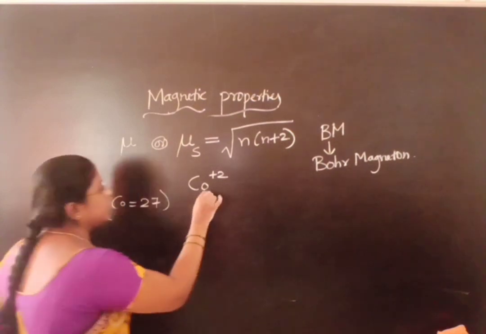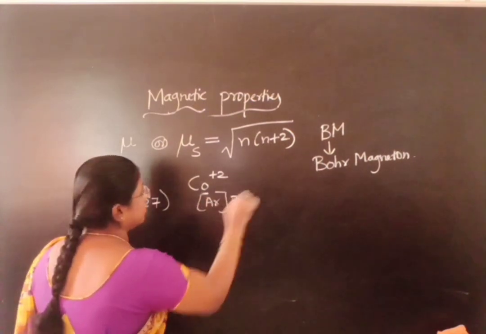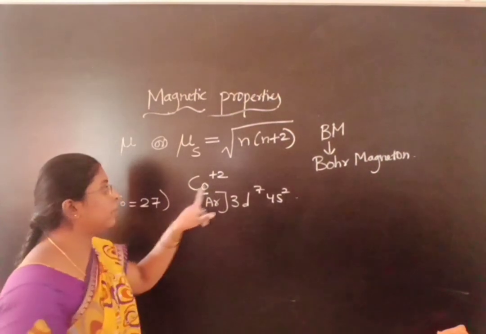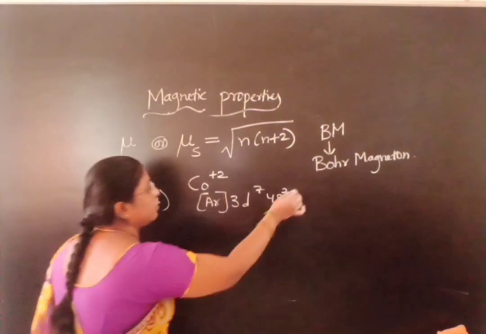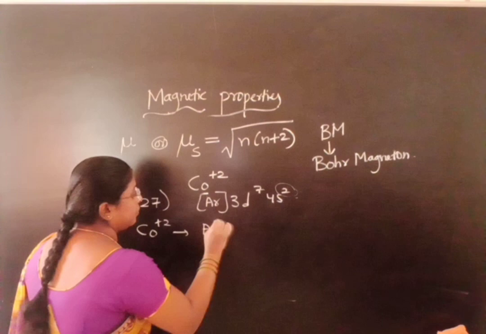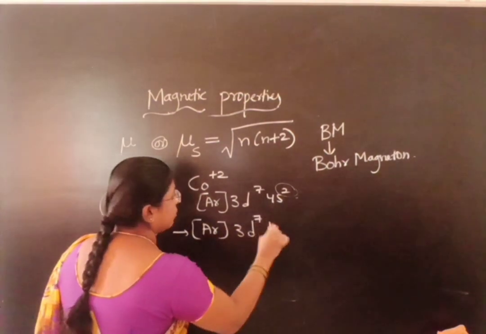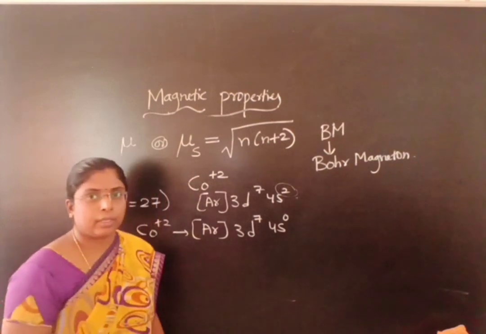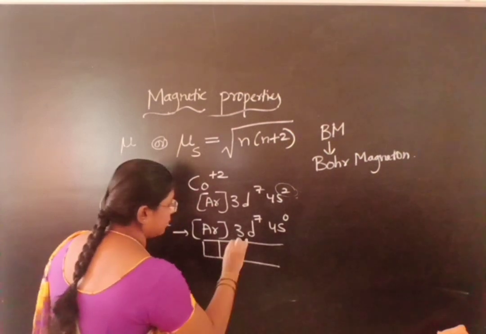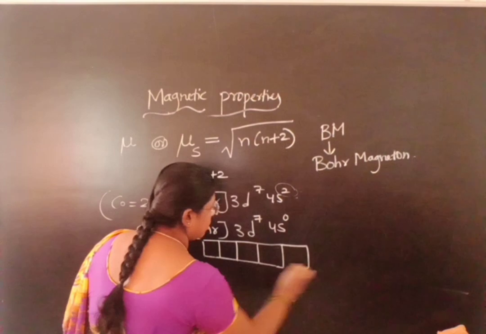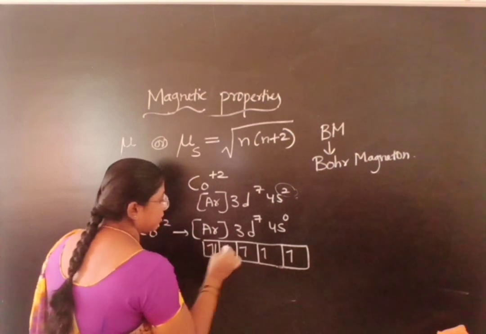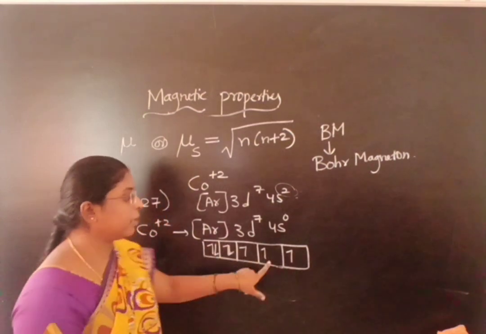If I write its configuration with respect to argon, 3d7, 4s. The number of unpaired electrons is 3.